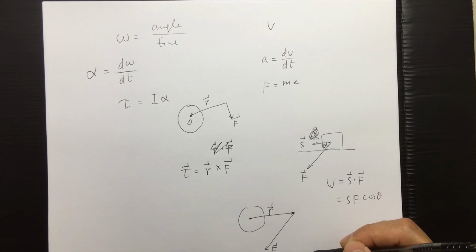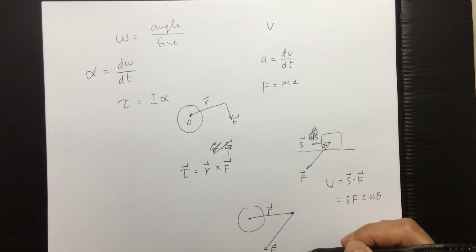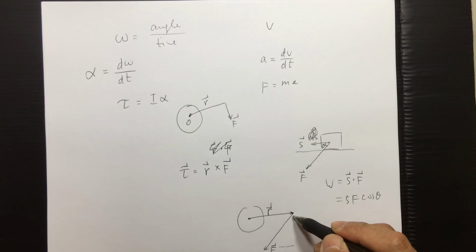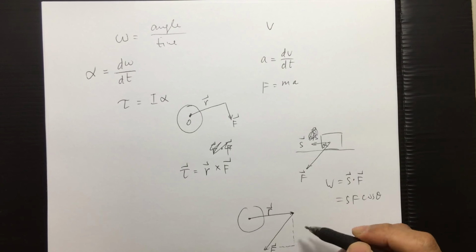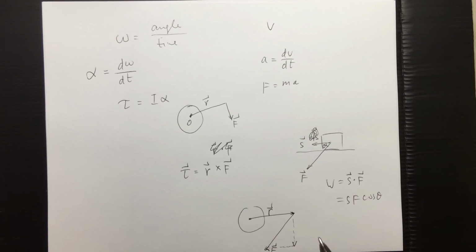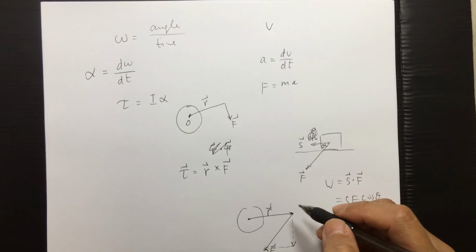You can do this in any way, but you can say this F is split up into this F and this F. This F goes directly inside. It does not contribute to the rotation. This F contributes to rotation, okay, right?